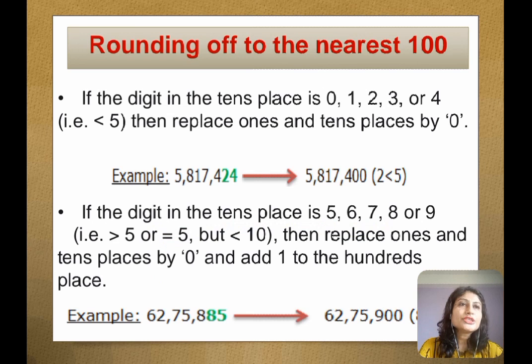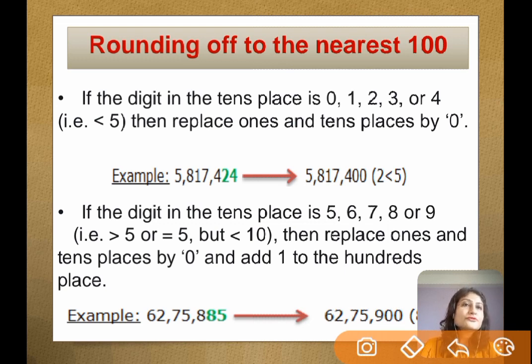Now next, rounding off to the nearest 100. Here you have to consider tens position to round off to the nearest 100. So observe this tens position. If it is less than 5, then replace this tens and ones position with 0 and write down rest of the digits as it is.